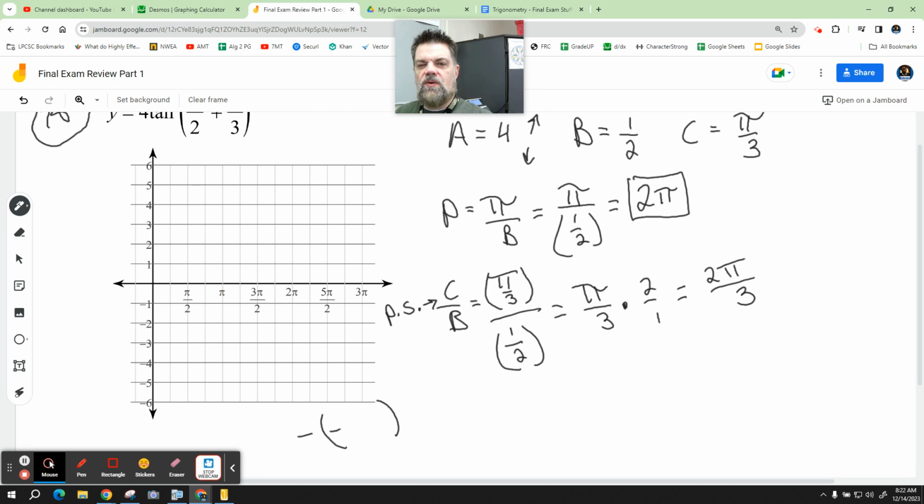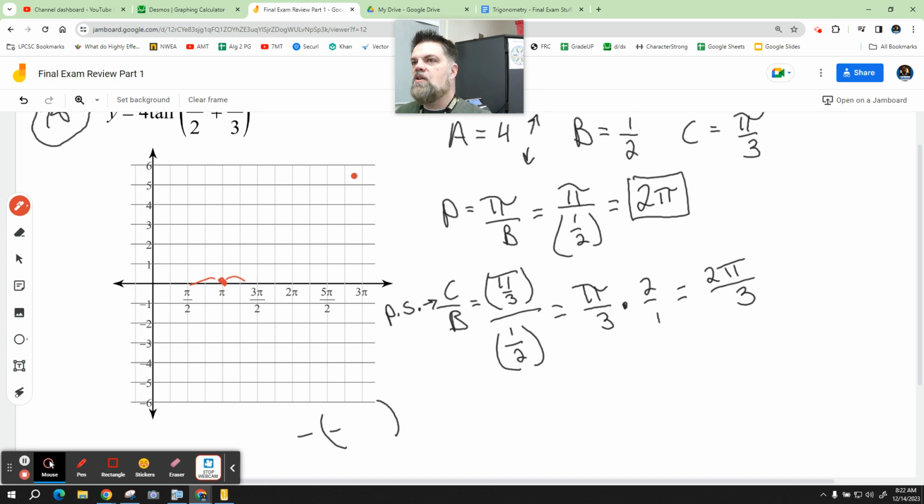But then there's this whole thing with the even, odd, and if the phase shift is positive. I don't want you guys to get bogged down and think, okay, do I shift 2/3 pi this way from there, or this way from there?